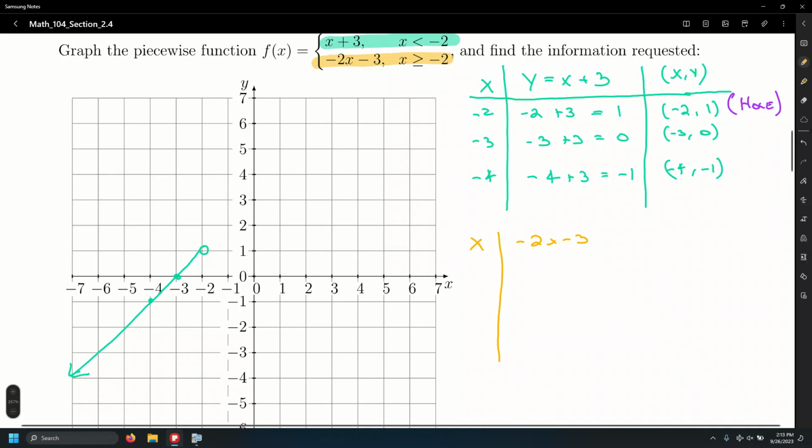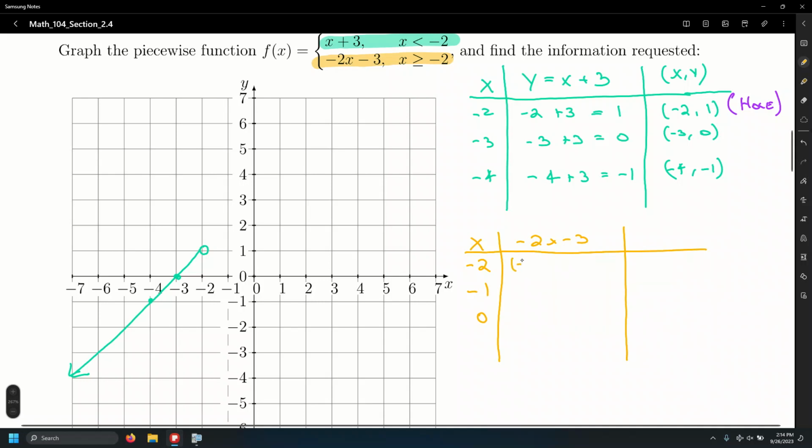That second condition is telling us that we are only allowed to evaluate that second part of the function for values that are x greater than or equal to negative 2. Negative 2, for instance, negative 1, 0. I'm not going to do too many of them. All right? Okay. So let's evaluate this.